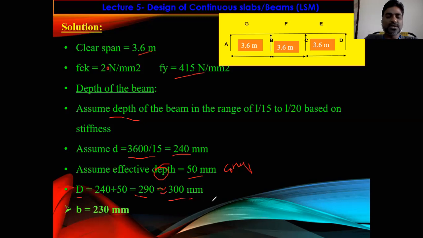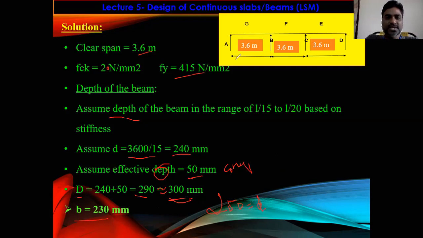Therefore, the overall depth of the beam is 300, and the effective depth becomes 300 minus 50, that is 250 mm. And assuming the width of the beam is 230 mm, the dimensions of the beam have now been fixed.